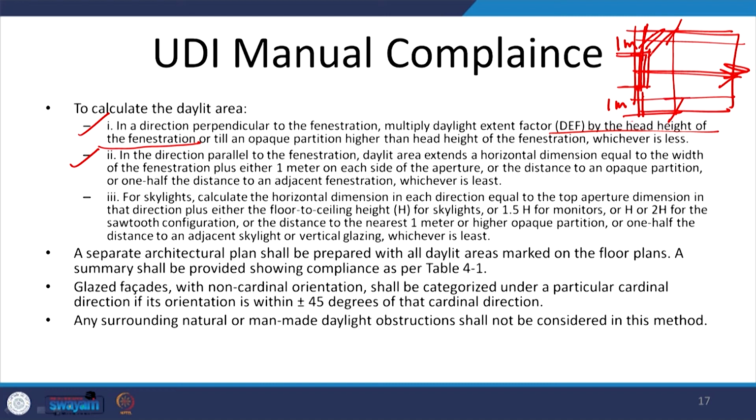Now, this area is the daylit area because of this window. So, for any given plan, this daylit area can be manually calculated and the compliance criteria remains the same, that at least 40% of the floor area should be daylit for 90% times of the year.